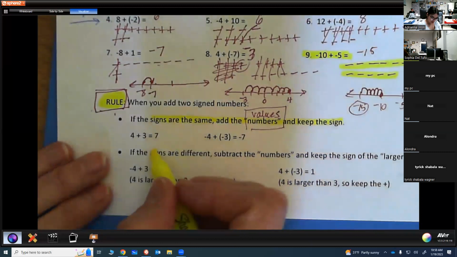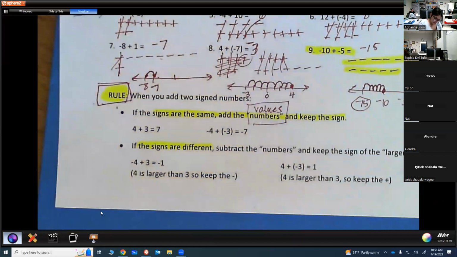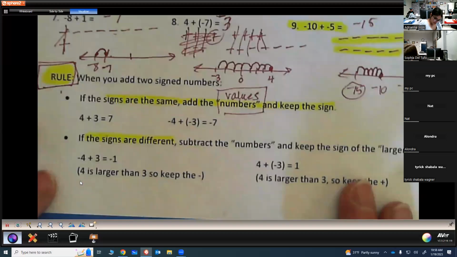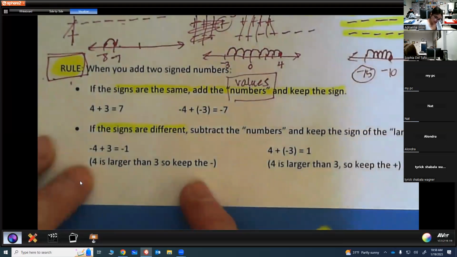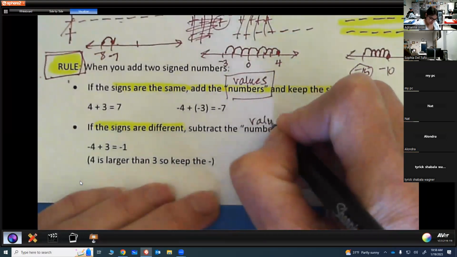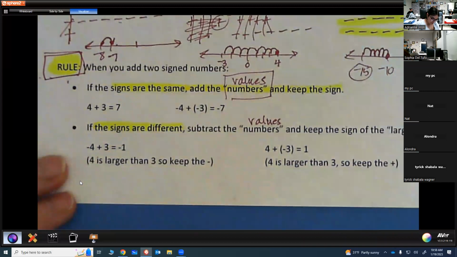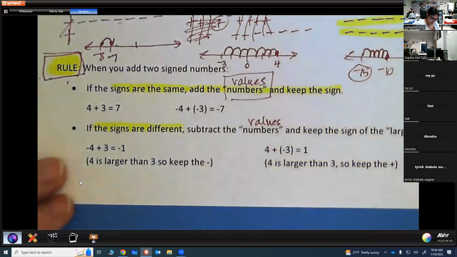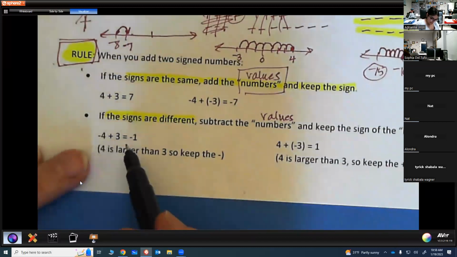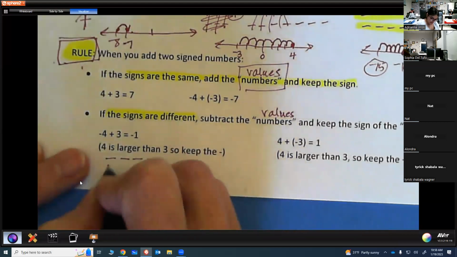If the signs are different, meaning you have 1 positive number and 1 negative number that you're adding, then the rule is different. If the signs are different, you subtract the numbers or the values and keep the sign of the larger. That rule sounds more confusing in words than it really is, because if you look at -4 plus 3, that would be 4 negatives and 3 positives.